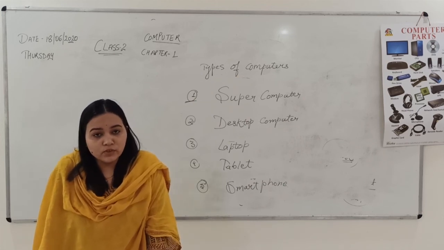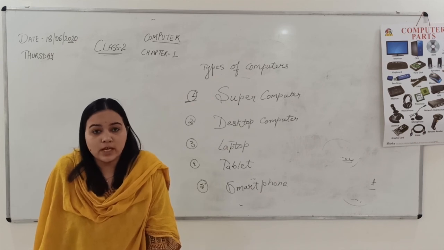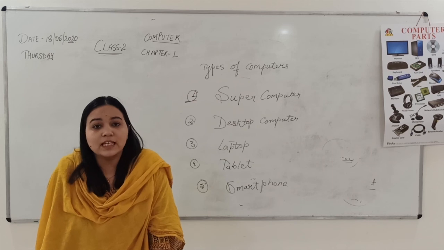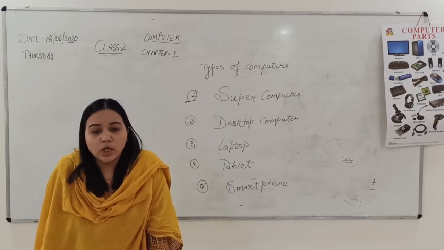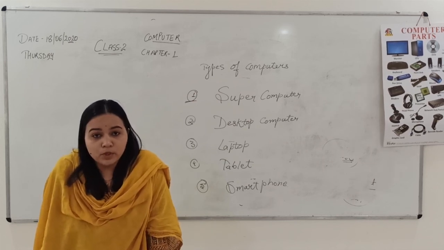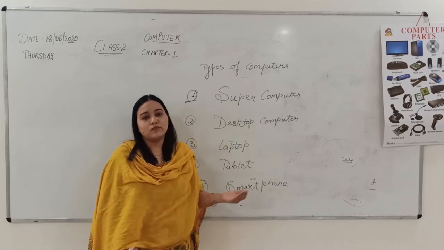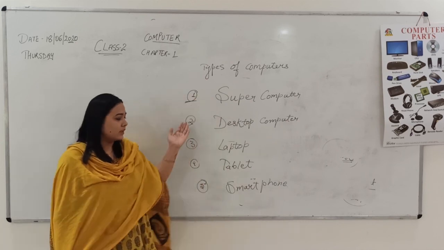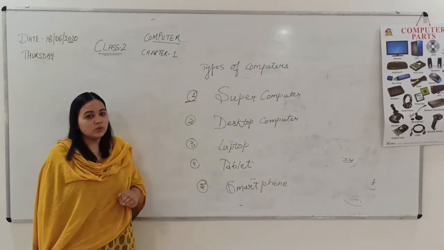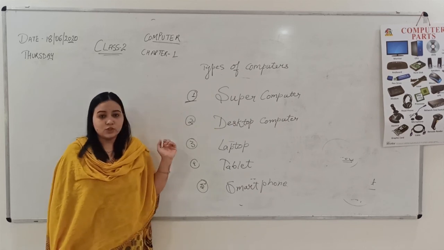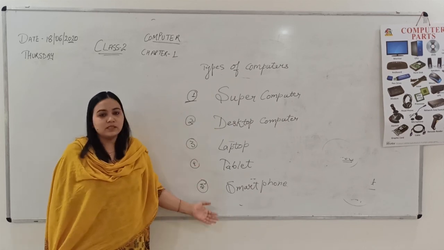So the definition of the computer is, it is an electronic device that takes instructions from you, processes those instructions and then gives you the output. It works by taking inputs and then those inputs are processed and then the processor gives you the output. And these are the 5 types of computers that you see. First one is the supercomputer, second is the desktop computer, laptop, tablet and smartphone.